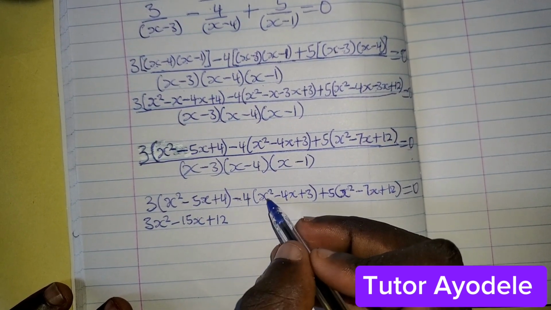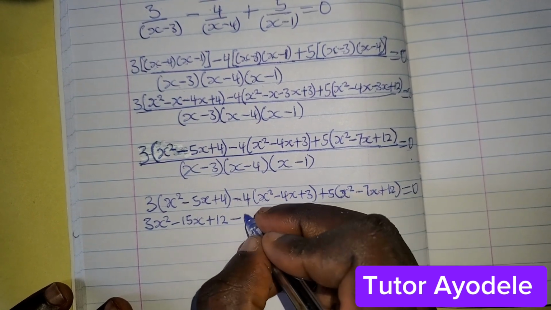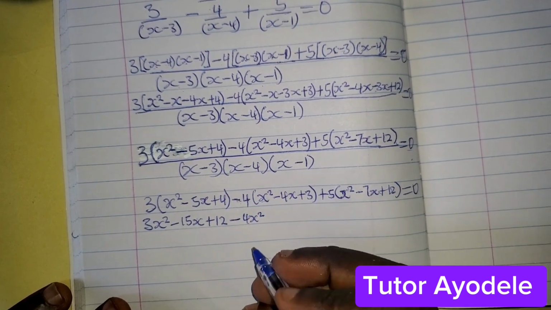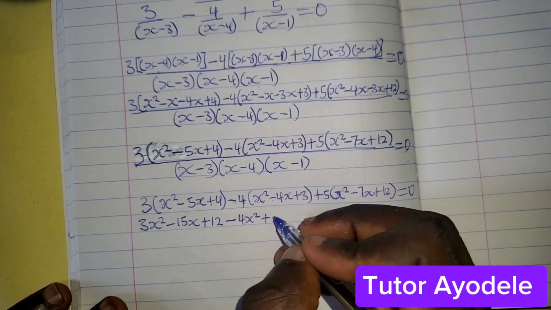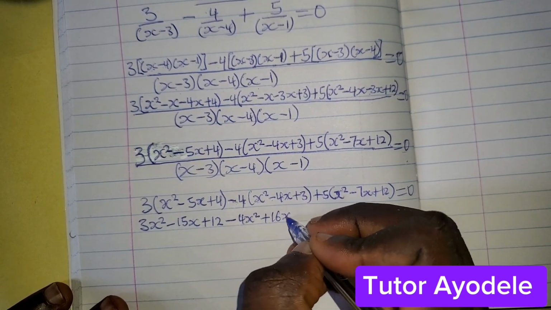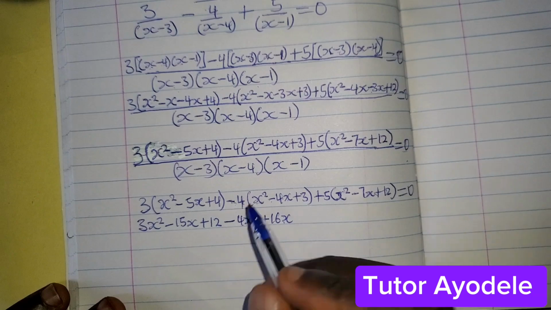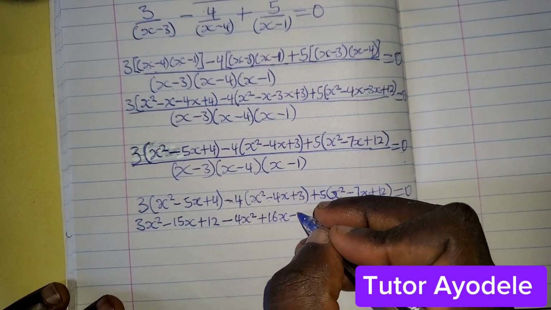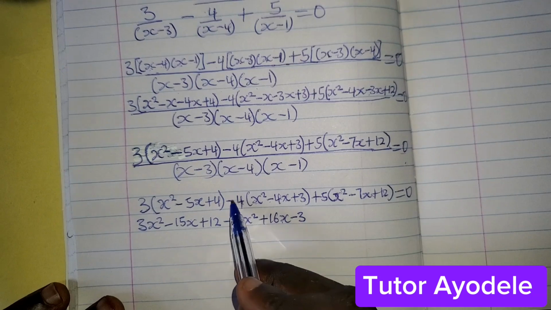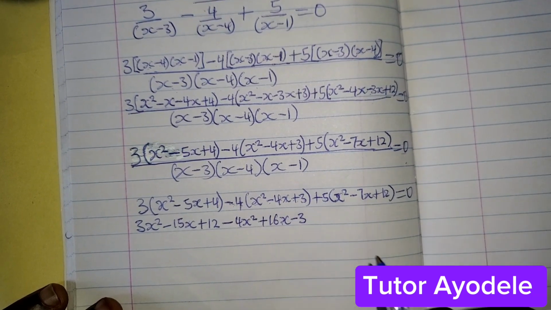So minus 4 times x squared will give me minus 4x squared. Minus times minus will give me plus. 4 times 4 will give me 16. Then I'll put this x here. Minus 4 times plus 3 will give me minus 3, because minus times plus will give me minus.